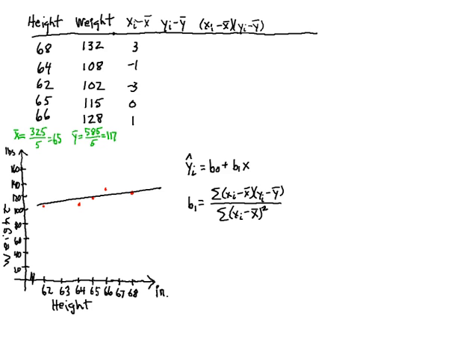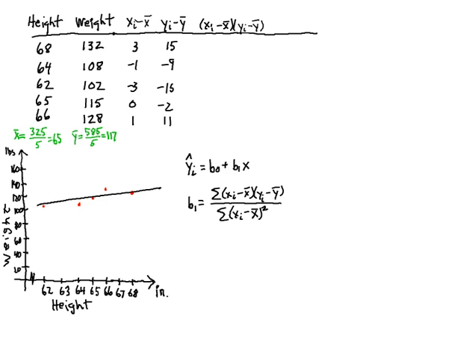For the difference of the y values in the mean, I would have 132 subtract 117, or 15. 108 subtract 117, negative 9. Then negative 15. Negative 2, and 11.